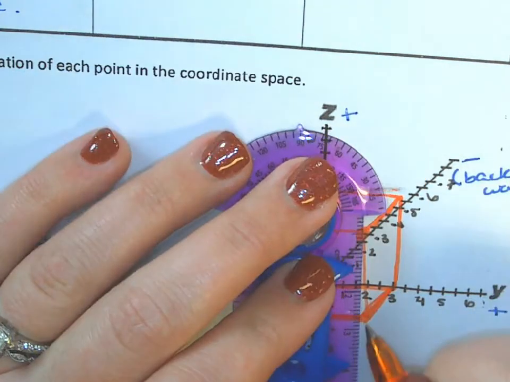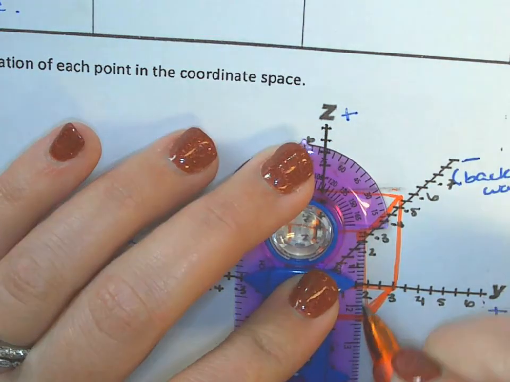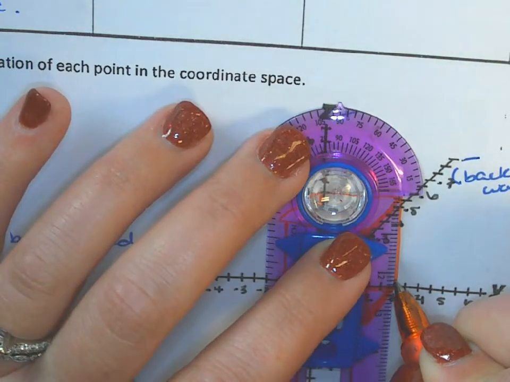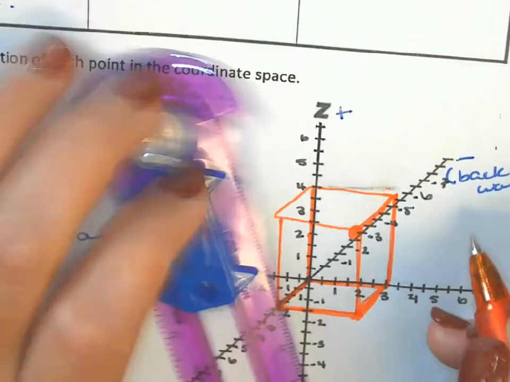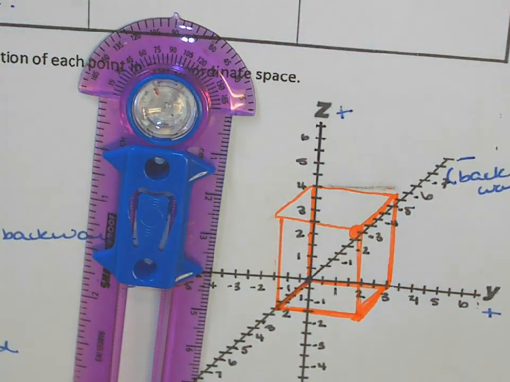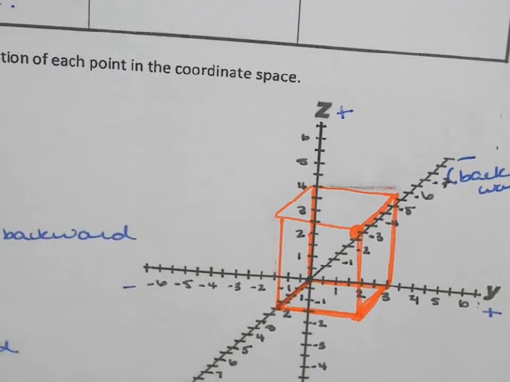Come from the bottom of the box and make sure that it's parallel to that z-axis, and you can come up 4 from all corners of the bottom of your box, that same amount, if you wanted to use a ruler.